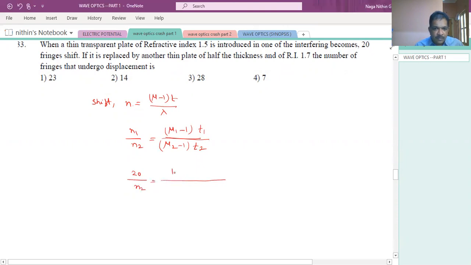This is 1.5 minus 1 into t, over 1.7 minus 1 into t by 2. This is 0.5, the 2 will go to the numerator. This will be 0.7, so this value is 1 by 0.7.